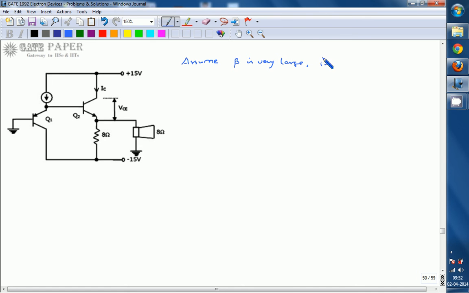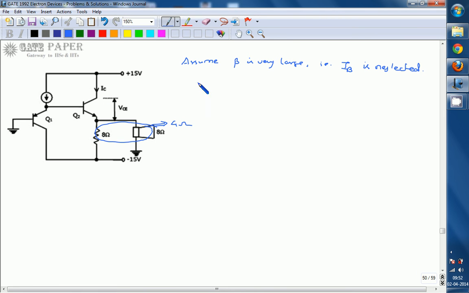That is, beta is very large is nothing but IB can be neglected. So whenever IB is neglected, the current flowing through this combination can be written as a single resistor of 4 ohms. So the current flowing through 4 ohms is nothing but IC itself. So you can write this combination as 4 ohms, which is connected towards minus 15 volts.